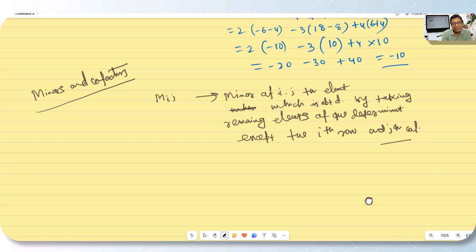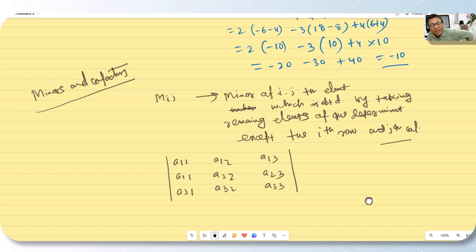I am writing one thing here. Just taking a determinant of this form: a11, a12, a13, a21, a22, a23, a31, a32, a33. If we want to write M21, we want the value of M21. So what we'll do?